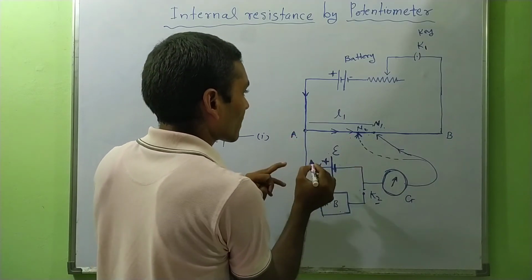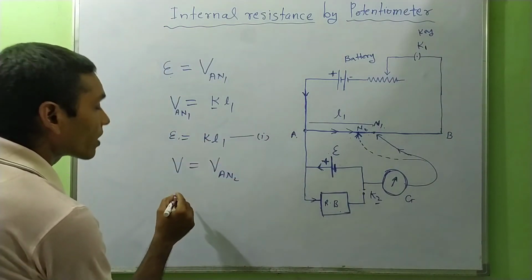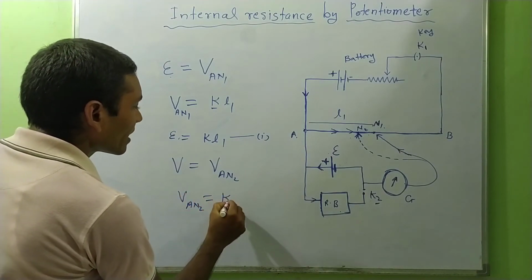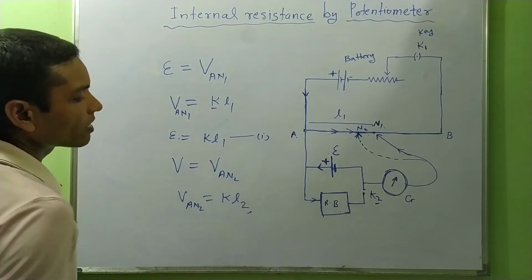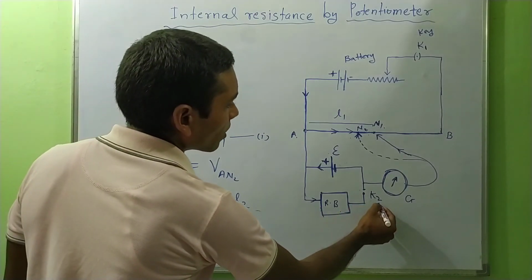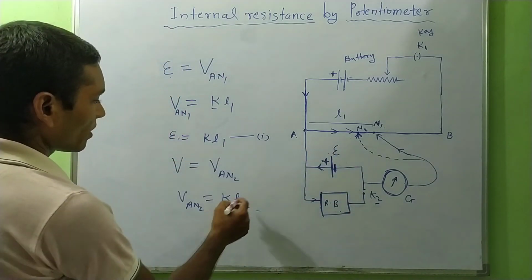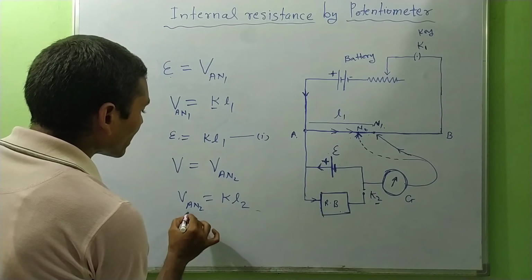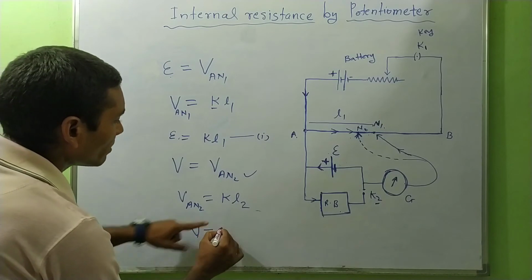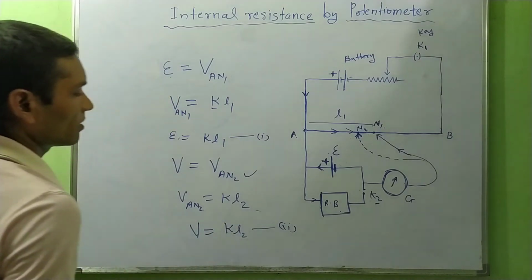By the principle of potentiometer, V_AN2 will be equal to K L2, where L2 is the balancing length when the resistance box is also in the circuit. Now on putting the value of V_AN2, the terminal potential V will be equal to K L2. Let this be equation second.